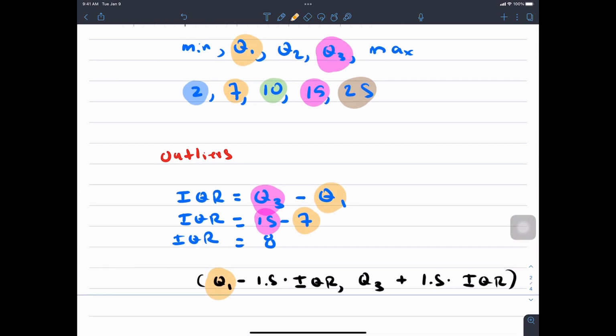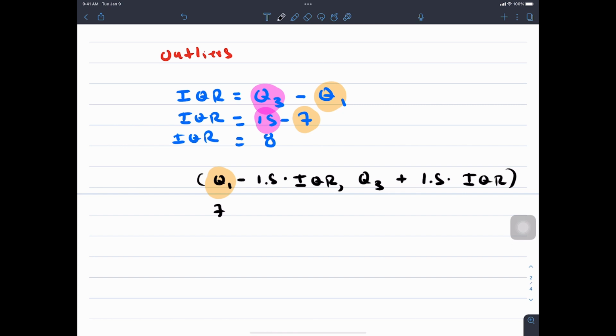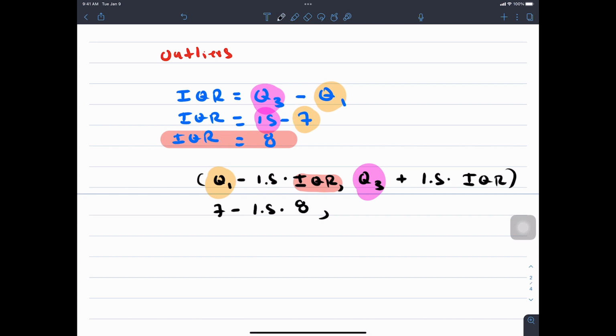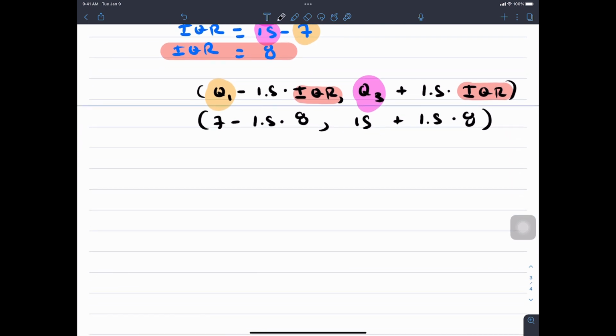Q3 was pink, 15. For those of you interested in that computation for the outliers, if there were outliers, decimals would show you.